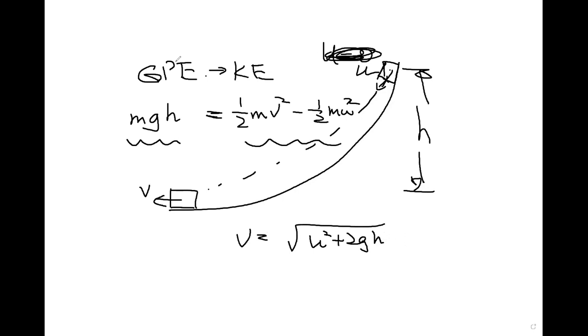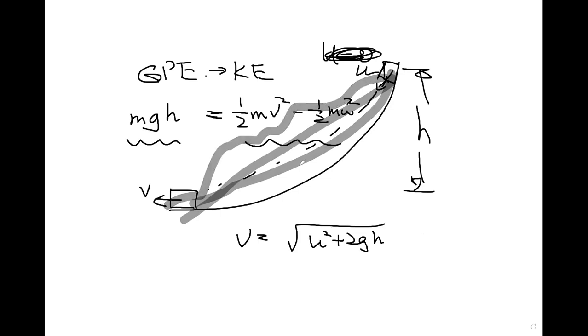It doesn't matter how the curve looks like. It can be a straight line, it can be a curve, and it still gives you the same answer. So most likely, if the path is a curve, then you apply the conservation of energy in the question.